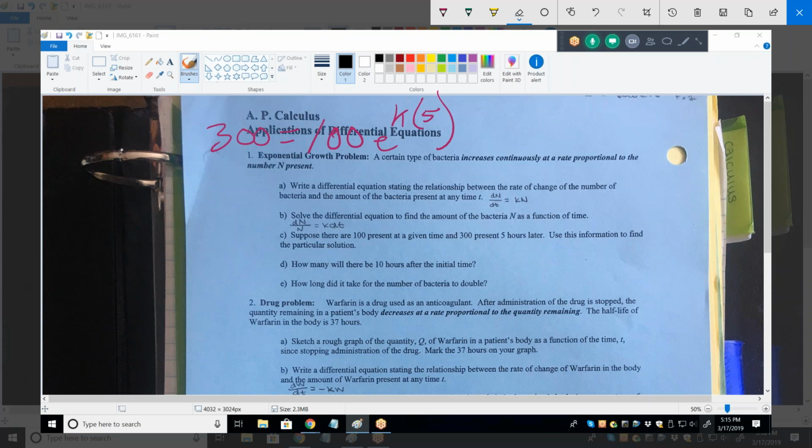How do I do that? What's the first step? Okay, so we have 3 equals e to the 5k. What next? Perfect.